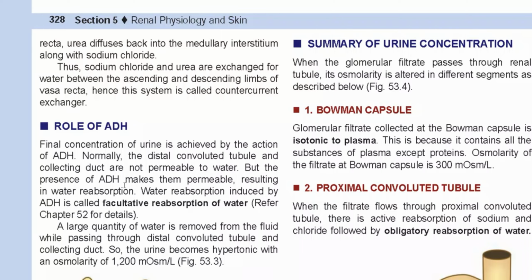Water reabsorption induced by ADH is called facultative reabsorption of water. A large quantity of water is removed from the fluid while passing through the distal convoluted tubule and collecting duct. So the urine becomes hypertonic, with an osmolarity of 1200 milliosmol per liter. In this way, the role of ADH is maintained.